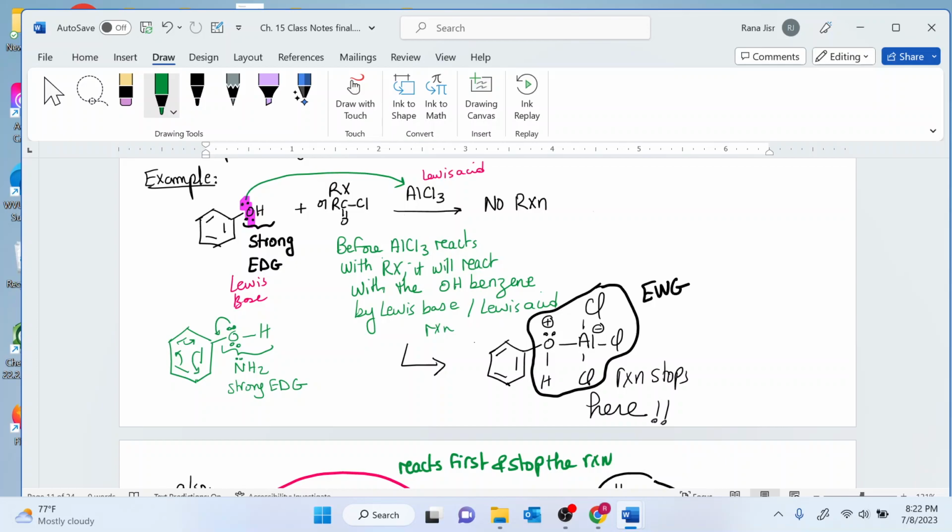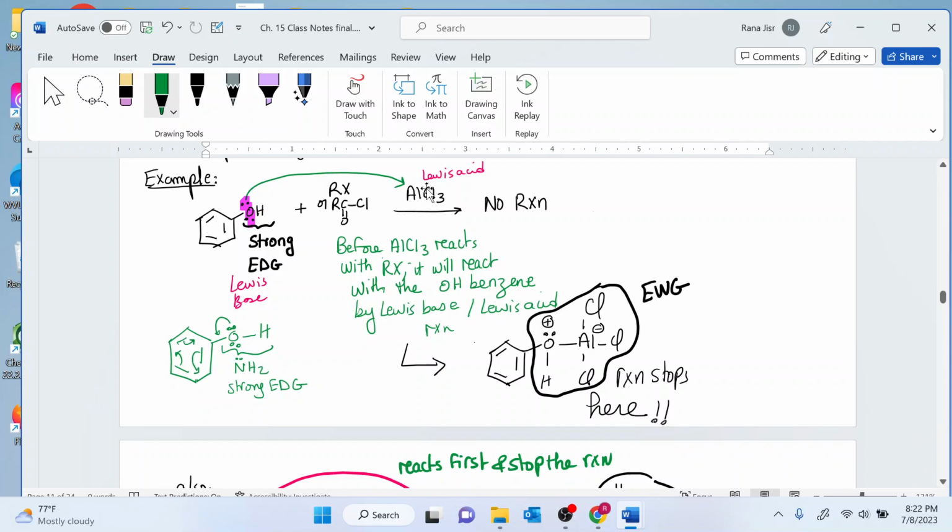When you're doing a Friedel-Crafts reaction with those, because they are very strong electron donating groups, they are very strong nucleophiles. Here, the oxygen already has electrons.